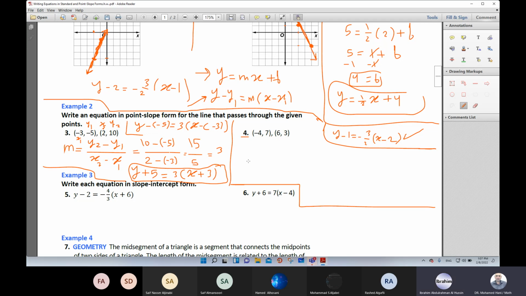Mr., I do number 4. Yes, tell me, Ibrahim, what is your answer? It is y minus 7 equal negative 4 over 10 bracket x plus 4. Great work, Ibrahim, thank you.